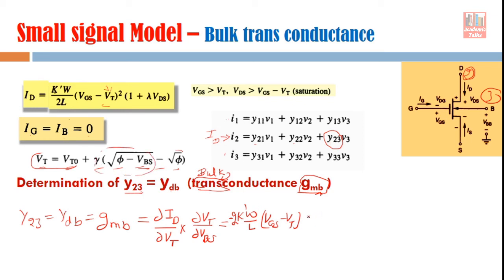So you will get gamma, power 1 by 2, so it will be in the denominator actually. It will be 1 by square root of phi minus VBS, and it is minus actually, like this.